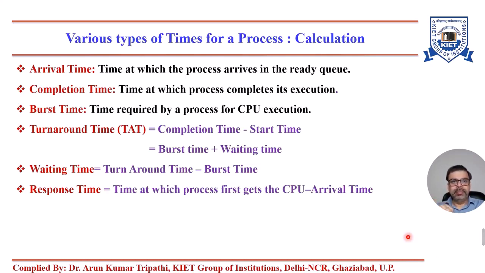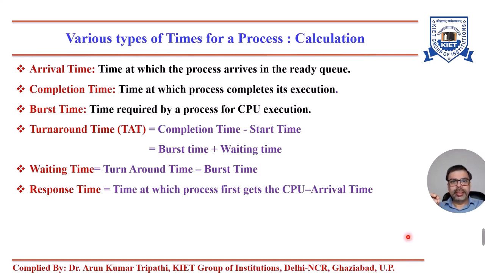Next one is the burst time. Burst time is basically the amount of time that a process requires to be spent on the CPU. Next one is the turnaround time. Turnaround time is the completion time minus start time, that means when a process arrives.